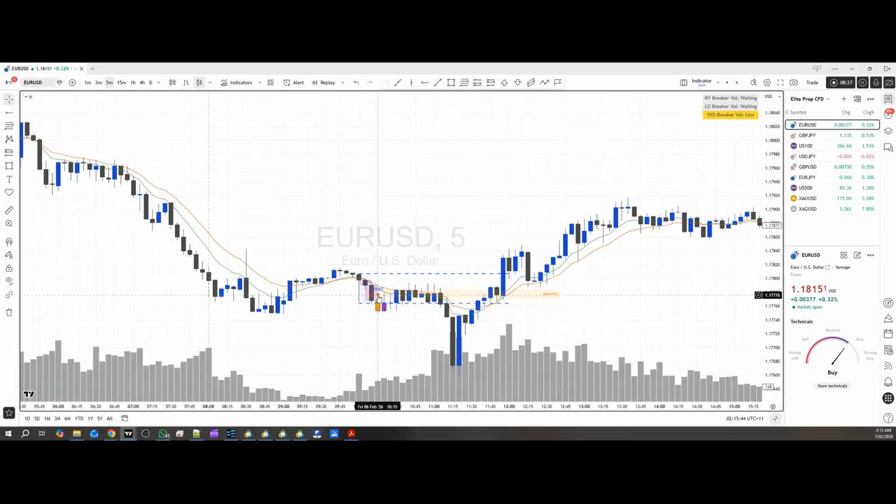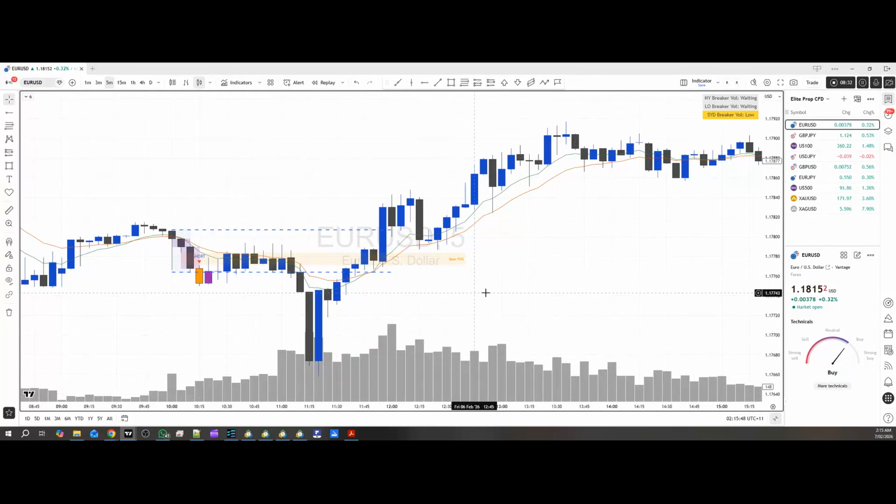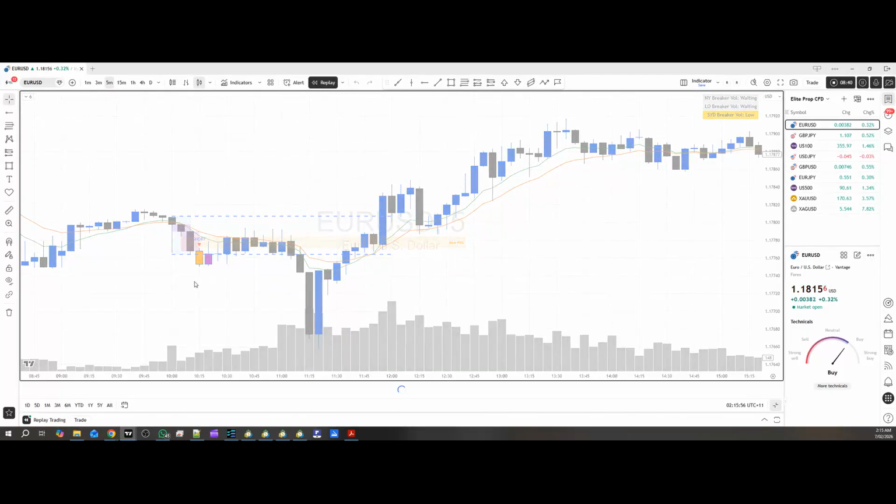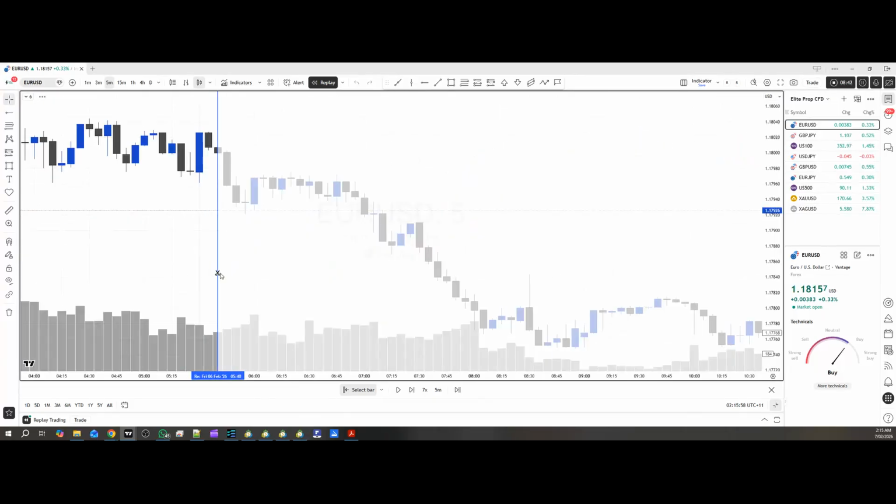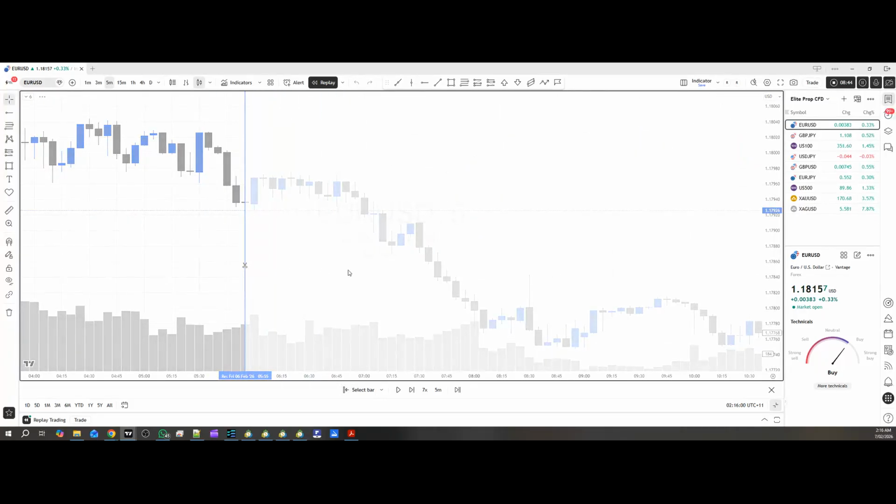Whenever you get a signal and a beautiful fair value gap, these are all automatic. Let me make you understand what's going on.